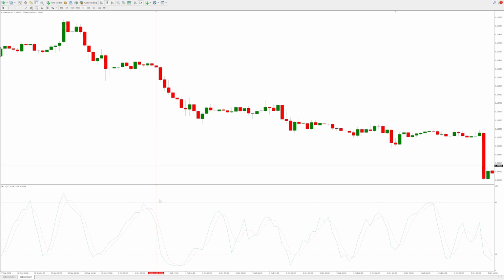If price is in or around this area, anything above 80, the market can be overbought, which suggests that it's going to go down. And if it's around this area, 20 or below, it suggests that the market is oversold and it's going to go up.